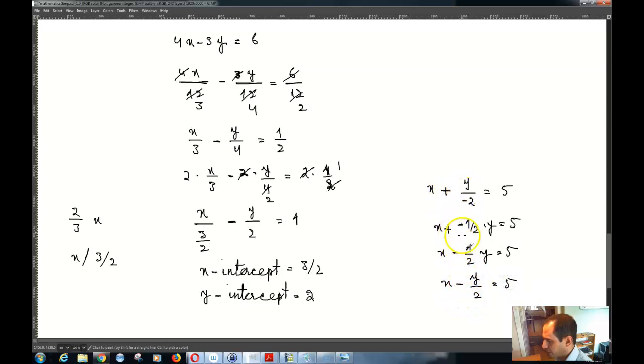So these two are actually the same thing. That means your y-intercept here is actually -2, not 2, because you have a negative sign over here.